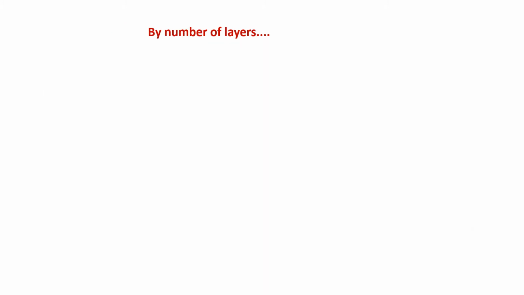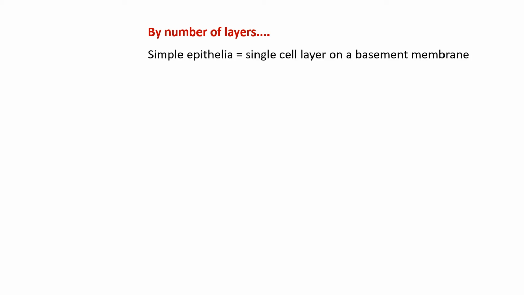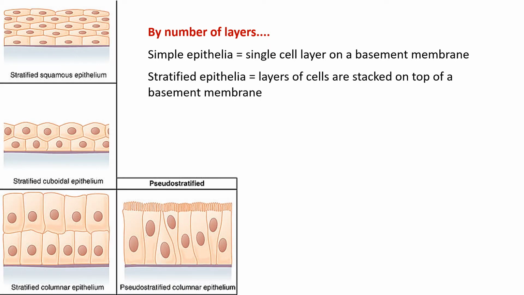The other way to classify is by number of layers. So we can put that together with the cell shape classification. So simple epithelia is a single cell layer on a basement membrane. Stratified epithelia, here we've got layers of cells stacked one on top of each other, and the basement membrane then sits at the base of the stack of cells.